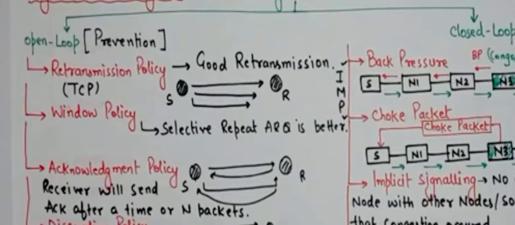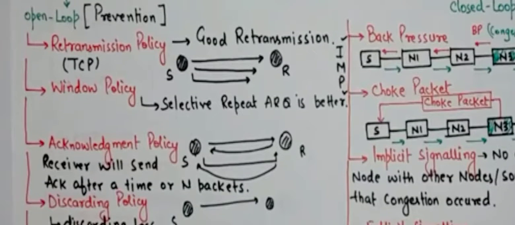Now next one is window policy. In window policy, the selective repeat and go back window policies are present. The go back window policy is: if 5 frame packets are sent to the receiver, and the fifth packet was lost, then the go back protocol transmits all the packets once again to the receiver.